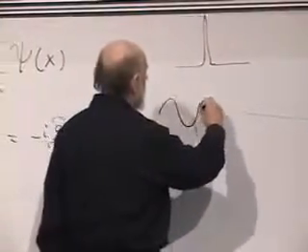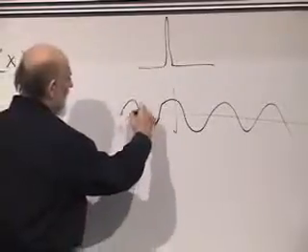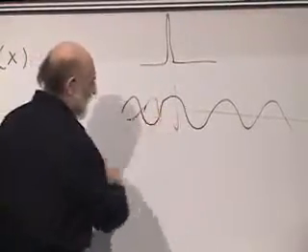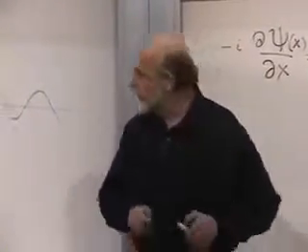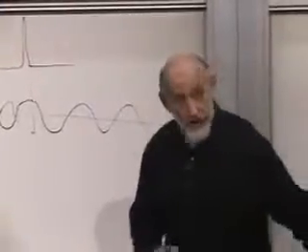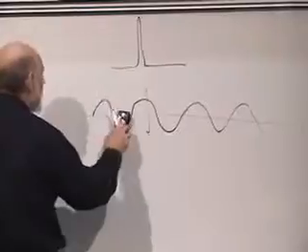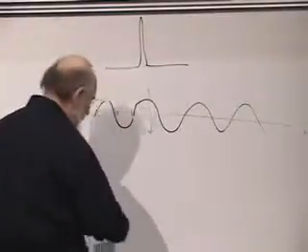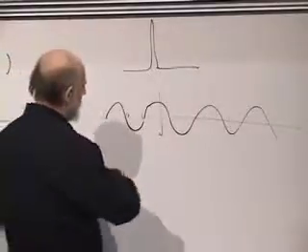Cosine looks like this. Sine looks like, well, let me draw sine in blue. Oh, but it's i sine x, though. Yeah, I can't draw i sine. But I can draw sine. I'm not saying add the blue to the black. Multiply the blue by i before you add it to the black.